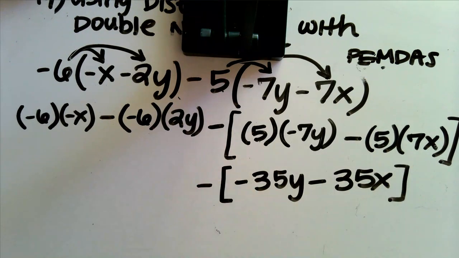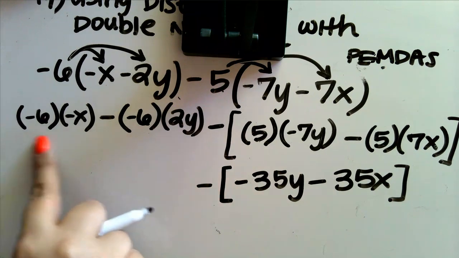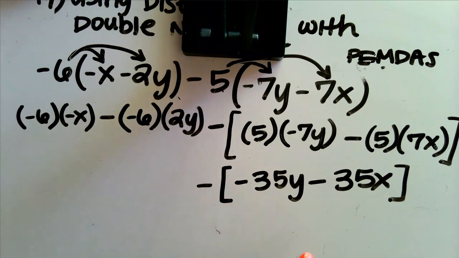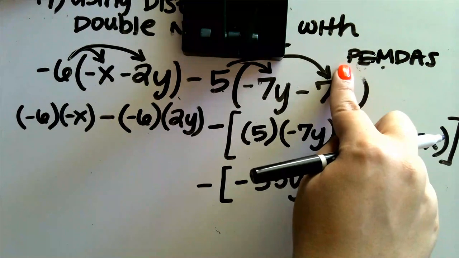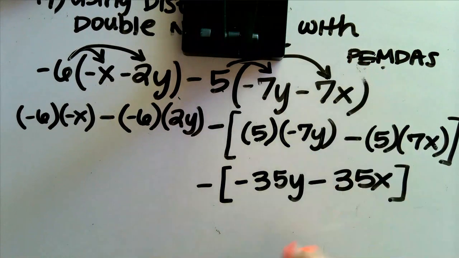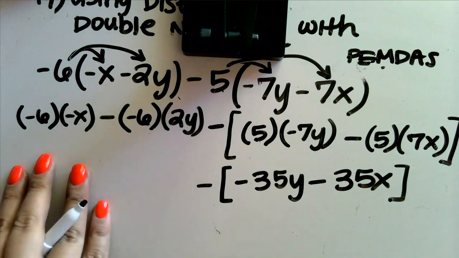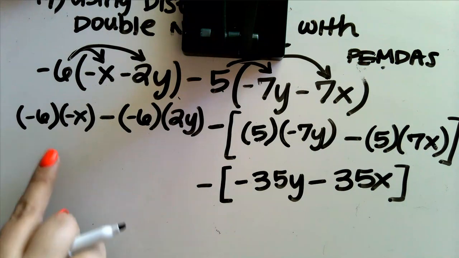Okay. I'm going to include that minus sign down there, and I'm going to go ahead and do this multiplication as well, because I know that there's no other operations that can be done inside these parentheses. There's also no exponent, so I'm just going to go ahead and jump into the multiplication.